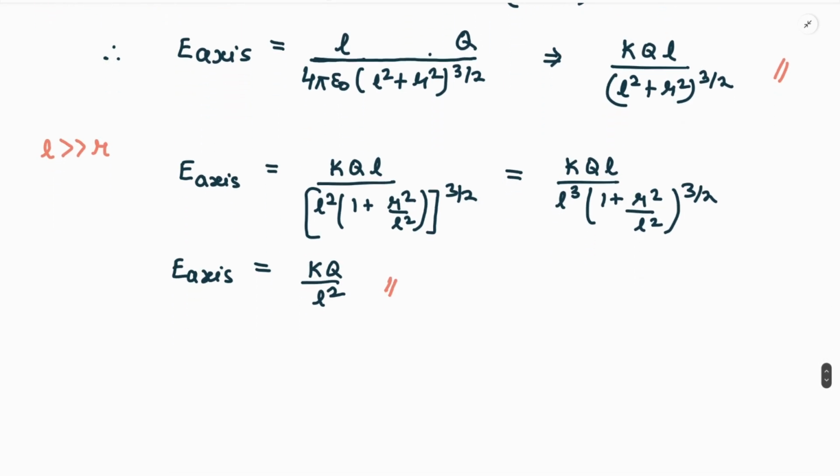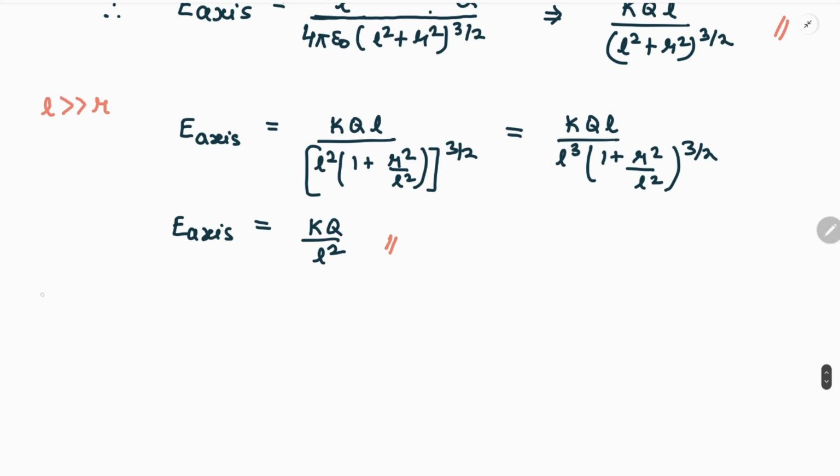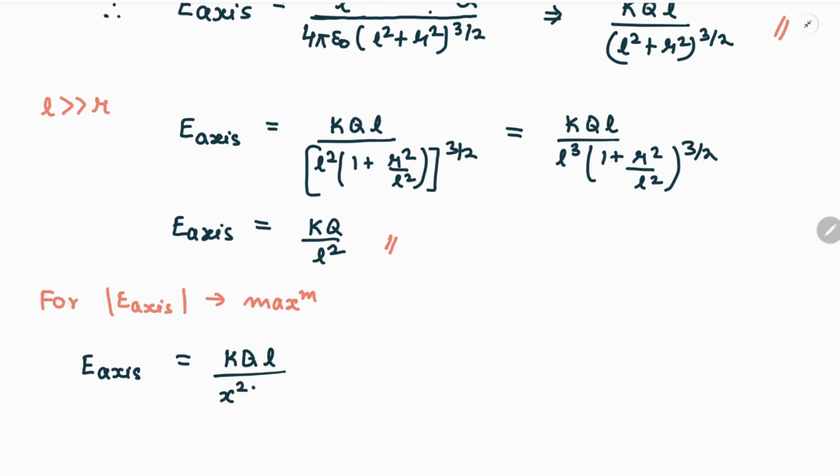So we again approach the problem for calculation of magnitude of E on the axis of the ring to be maximum. We approach the problem from the formulation that we derived, that E on the axis of the ring is equal to KQL upon L square plus R square to the power 3 by 2.